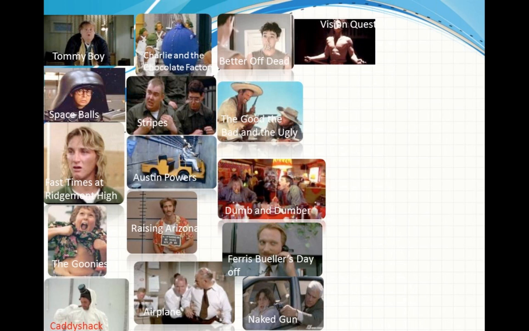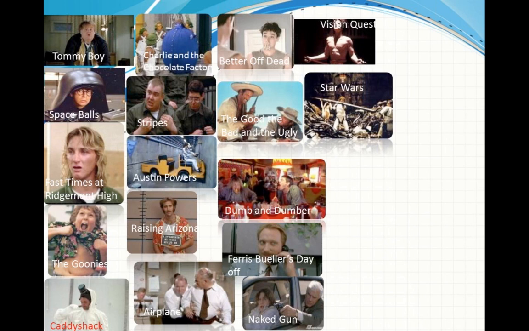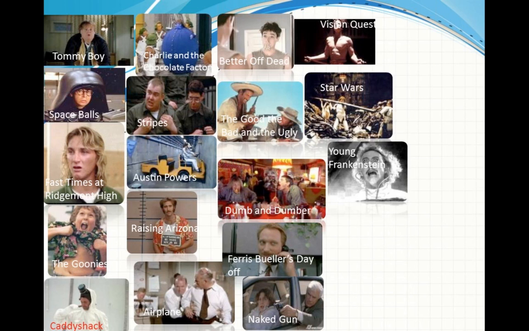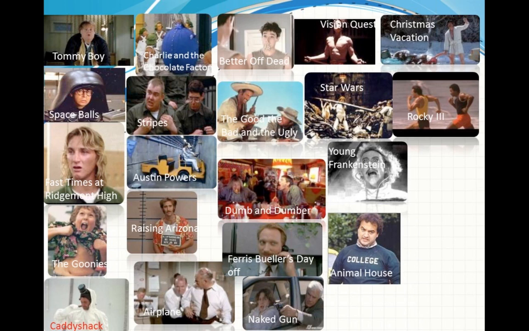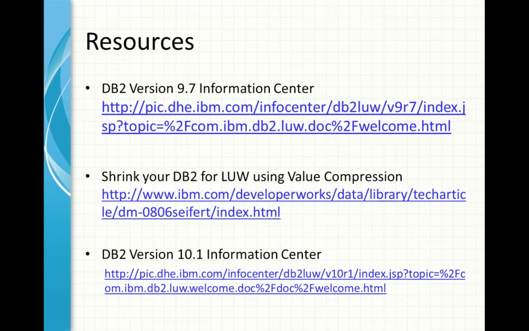Charlie and the Chocolate Factory, Stripes, Austin Powers, Raising Arizona, another one of my favorites. Airplane, Better Off Dead, The Good, the Bad and the Ugly, Dumb and Dumber, very popular. I assume most people got that one. Ferris Bueller's Day Off, Naked Gun, excellent movie.